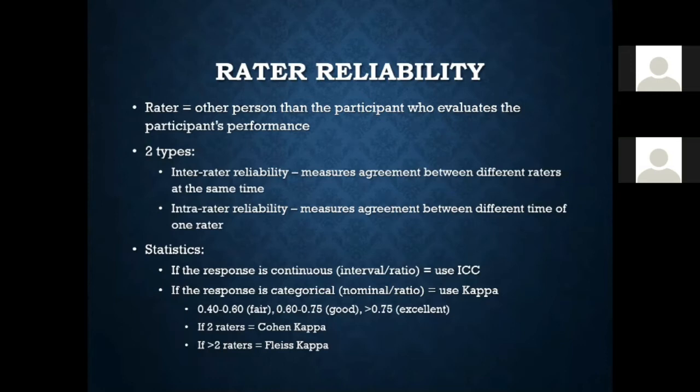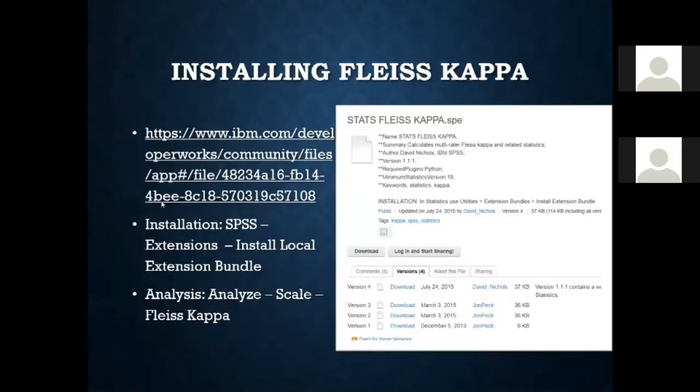You need to install the extension first. You can go to the IBM Statistics community files and download the StatsFleissKappa files, and then in your SPSS installation, go to Extensions, Install Local Extension Bundle, and then you can analyze.